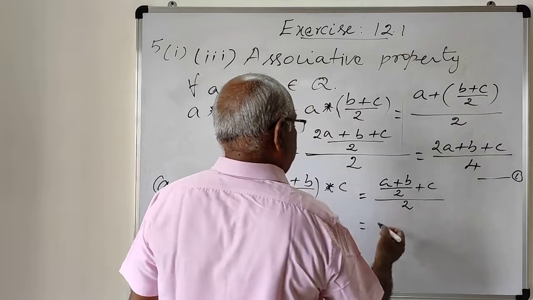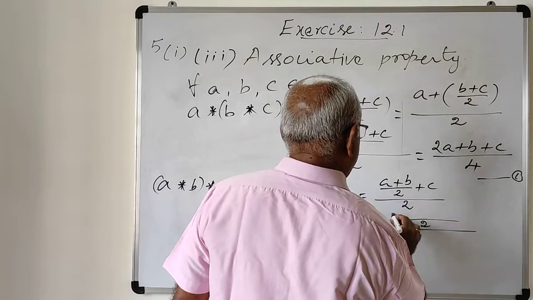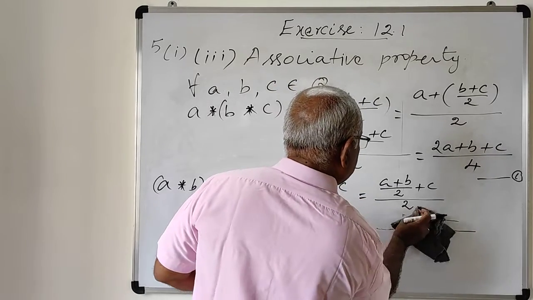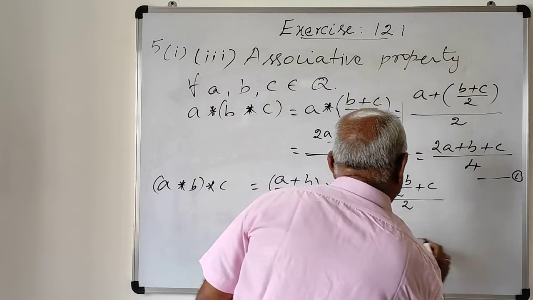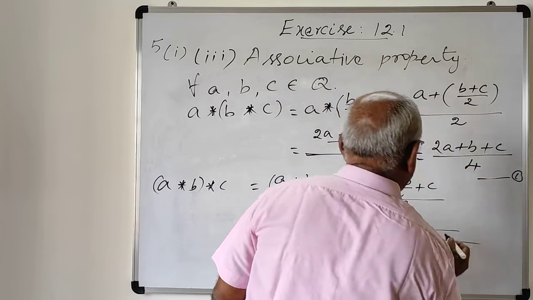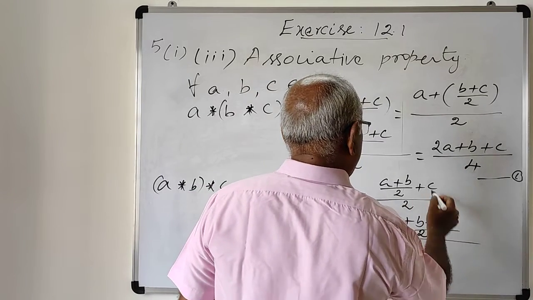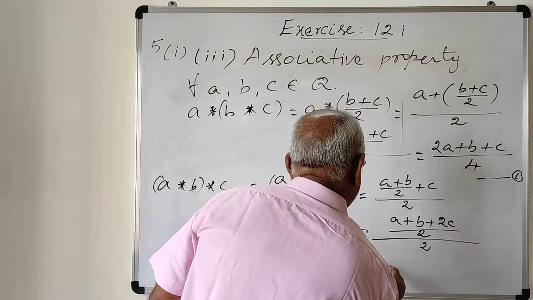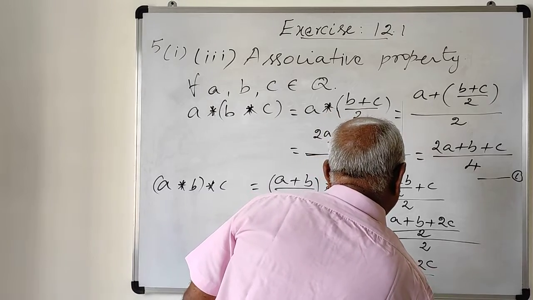Taking 2 in the numerator as the LCM, we write it clearly: (a plus b plus 2 into c), and 2c by 2, is again equal to (a plus b plus 2c) by 4.